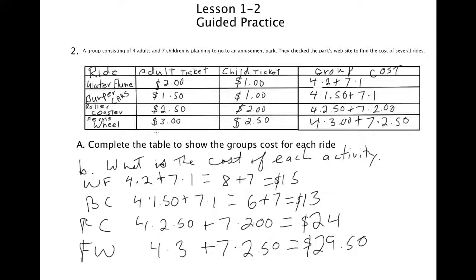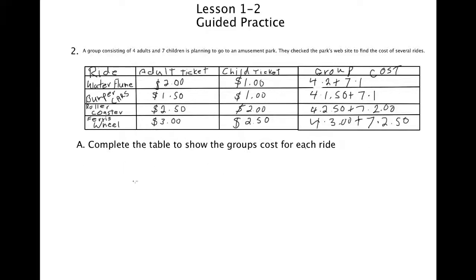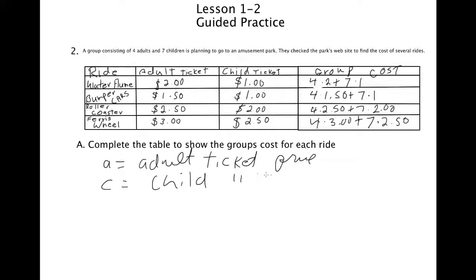So we've got this idea of a pattern. Okay, now let's look at this and see what kind of pattern we can pull out of it. If A is going to be the adult ticket price, and C will be the child ticket price.